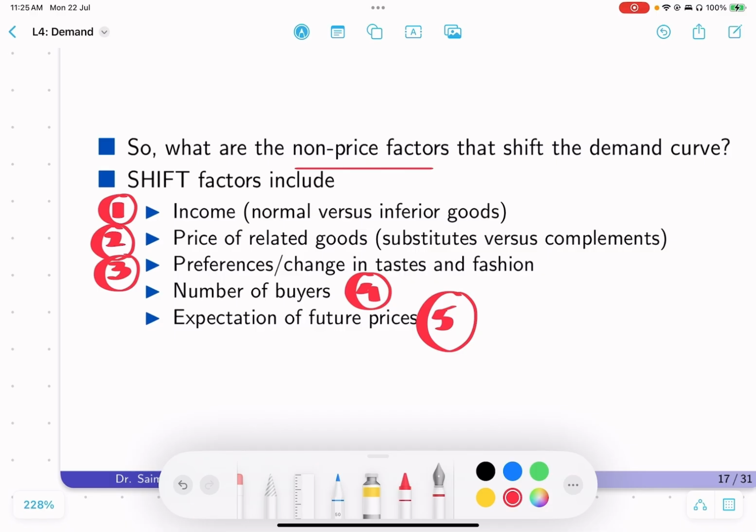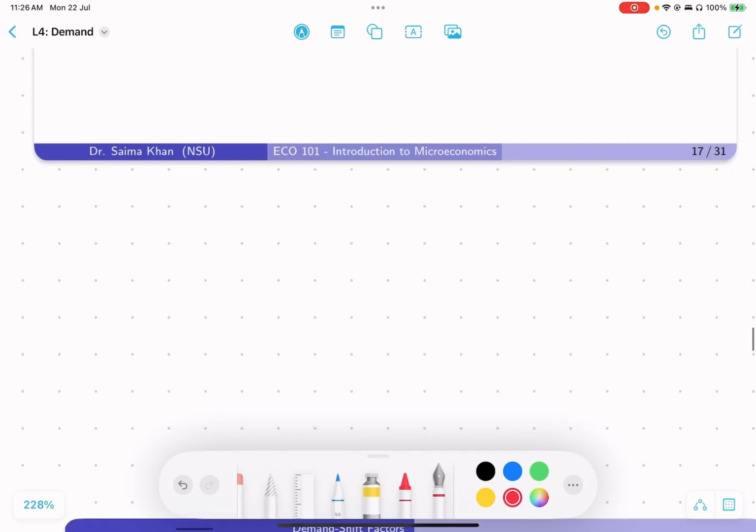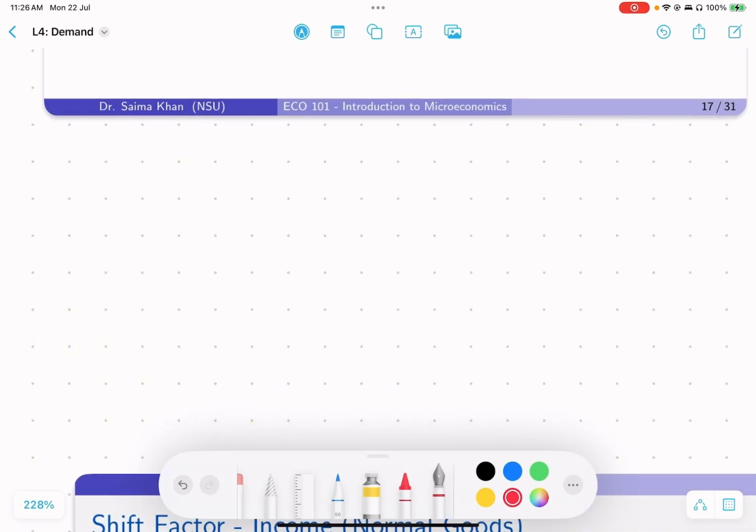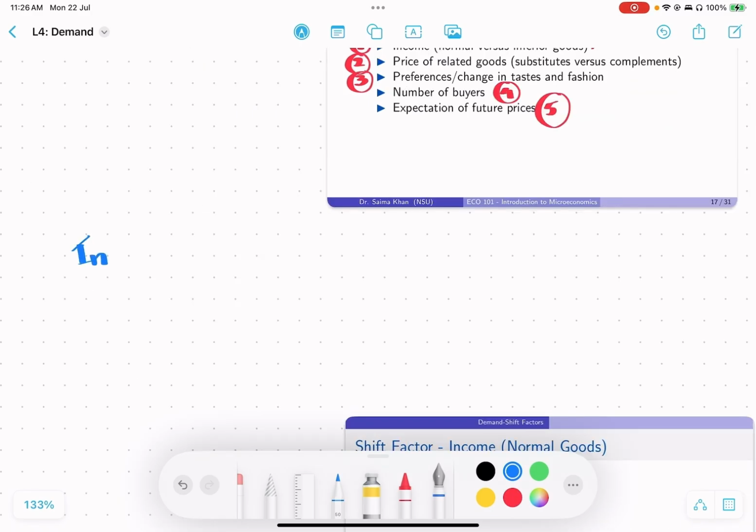And in this video, we're actually going to spend a lot of time just focusing on income. So sometimes when these shift factors take a lot of time, we're going to just split them into separate videos. So let's now first focus on income as a shift factor. Now, whenever we talk about a change in income, the first question we should be asking ourselves is, what type of good are we dealing with?